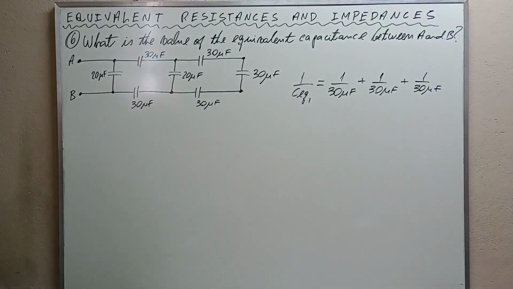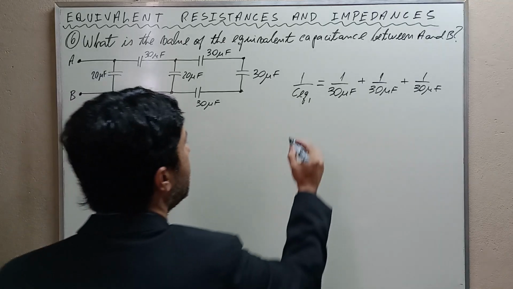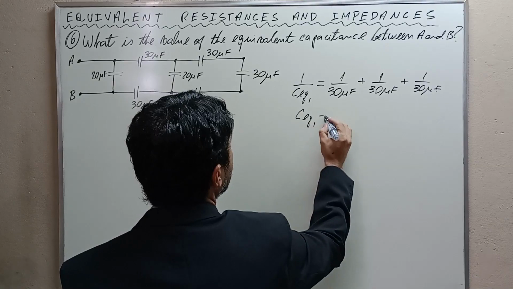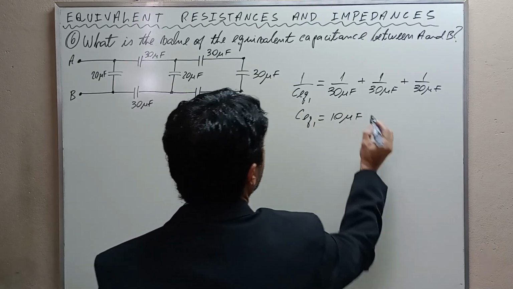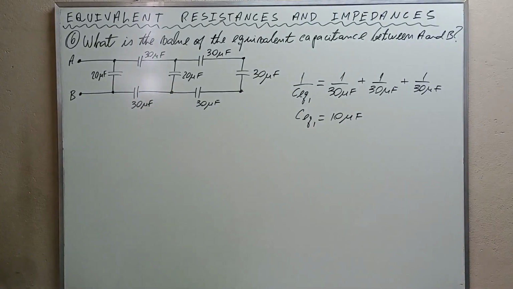If we calculate, you're going to find that equivalent capacitance number 1 is 10 microfarad.